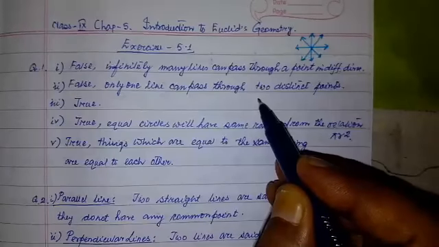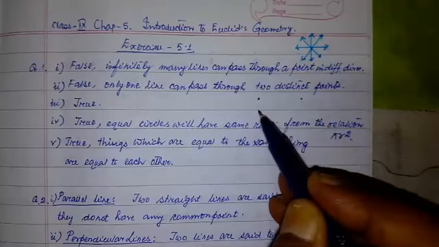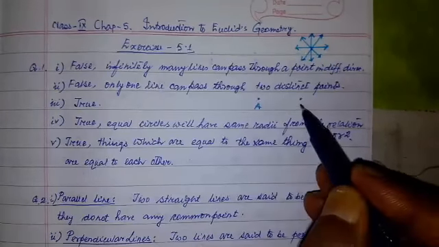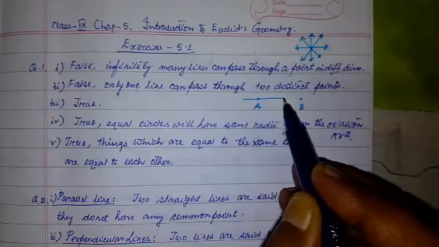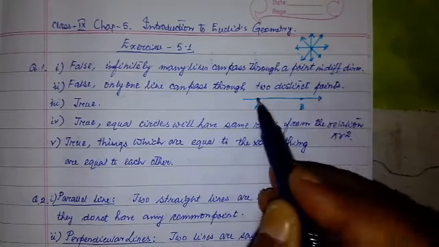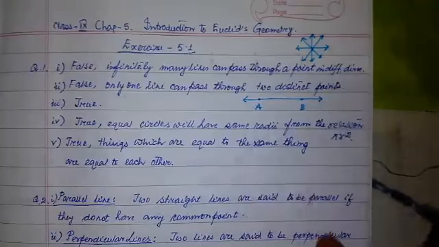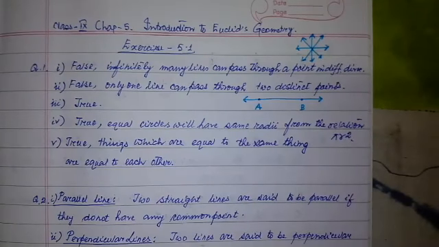That is, if A and B are two distinct points, then through AB only one line can be drawn. So only one distinct line can pass through 2 points.